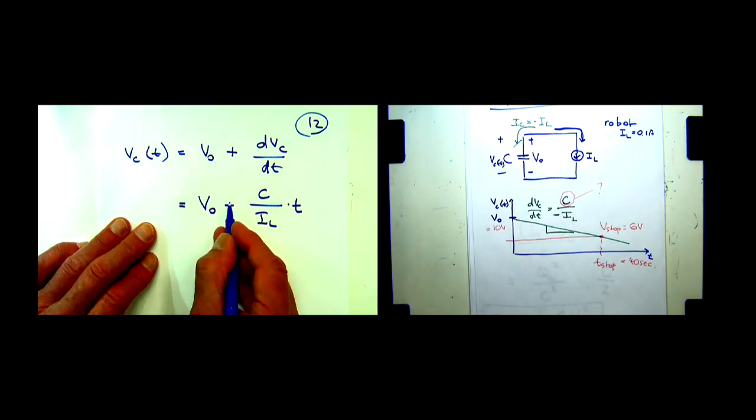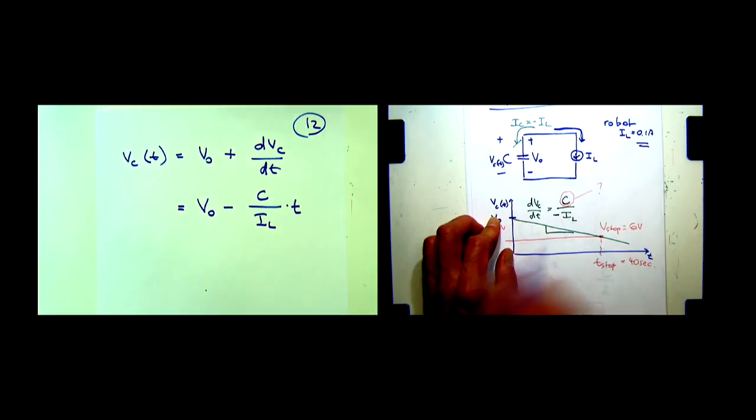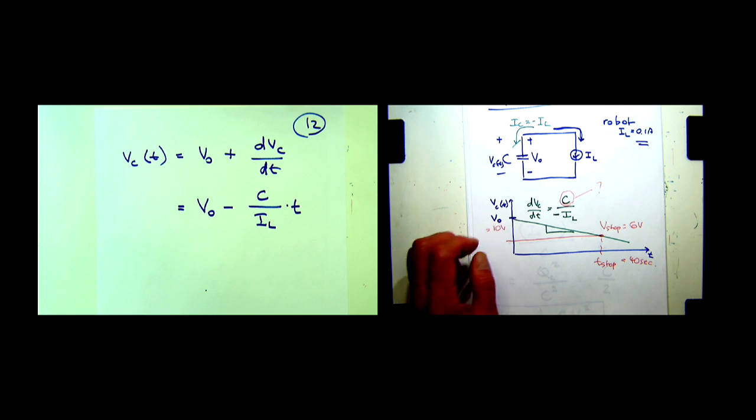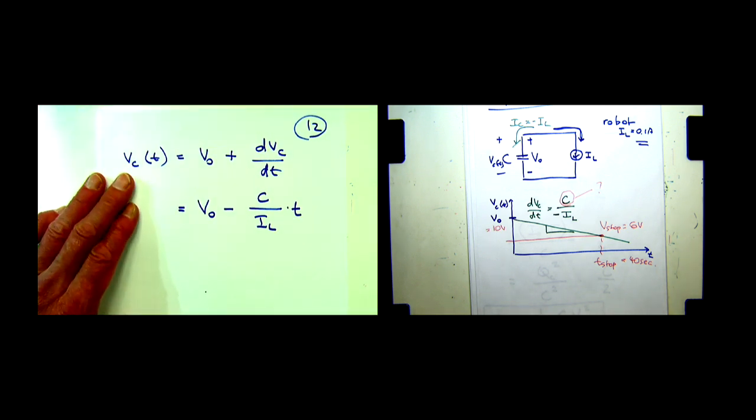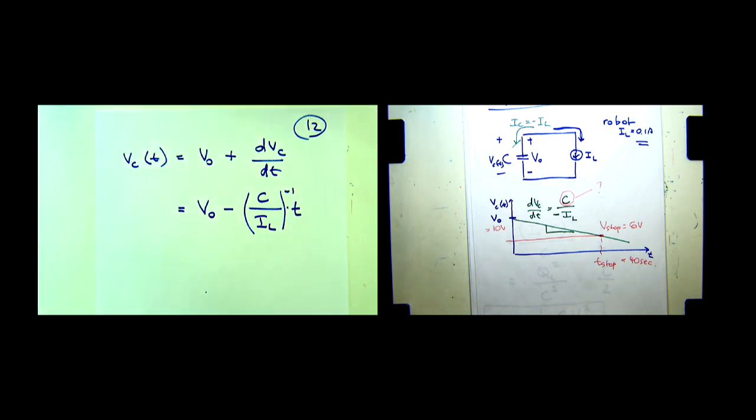Well, I have defined IL as a positive current. Oh, yes, you're right. Thank you. I make mistakes, obviously. Okay, thank you. So you saved me.